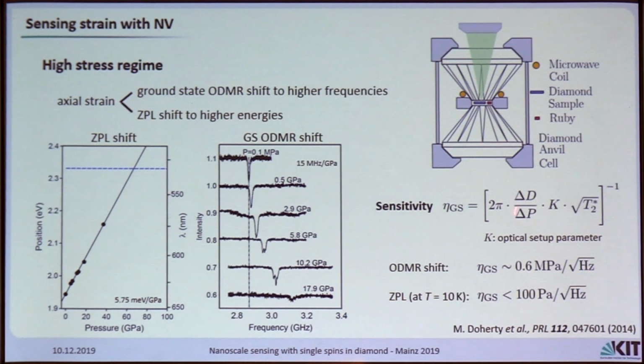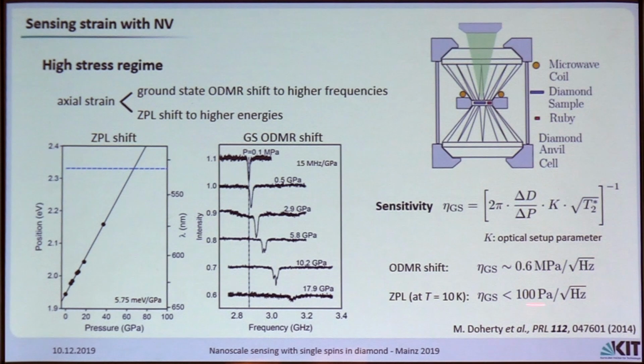So if we look at sensitivity, it depends here on the ratio, so the change of, in this case, for example, the ODMR shift with respect to pressure. Then we have optical setup parameters determined by our optical experiment, how well we finally collect the photons. And then, since we are in the quantum regime, T2 is important, so the coherence time of our spins or NVs, nitrogen vacancy centers.